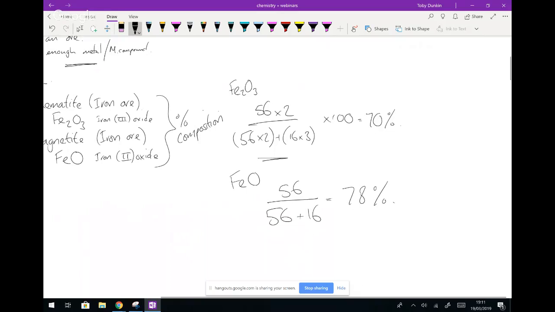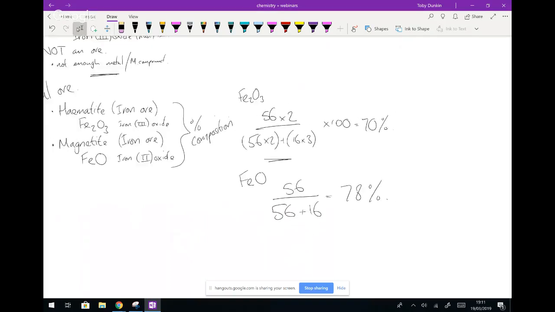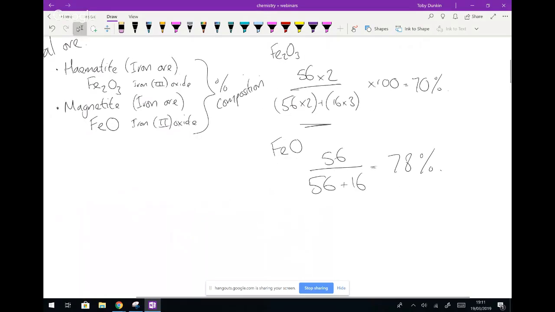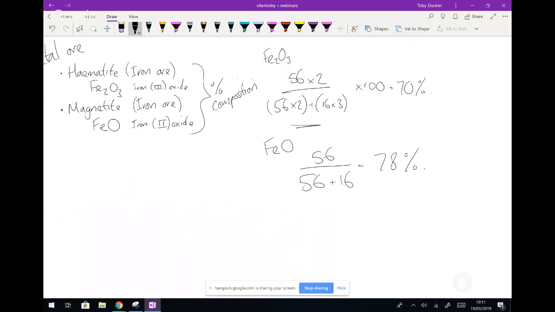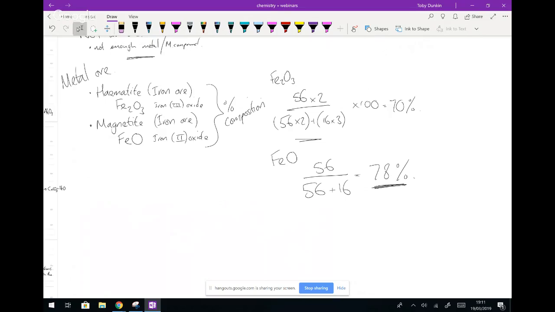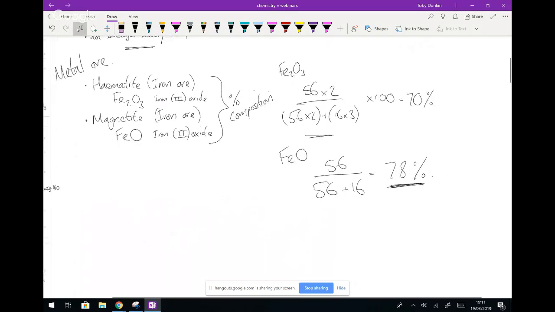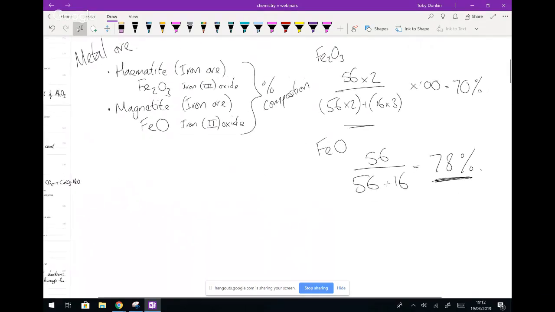Lots of people who end up finding magnetite on their land will often have their land purchased by iron extraction companies because it's worth a huge amount of money. When you start doing this on a ton basis, you end up making an awful lot more money just because you get 8% more metal. It's nice for me to run the percentage of elements in compounds. It's a lovely calculation, and it's a really nice setting for that to make an appearance.